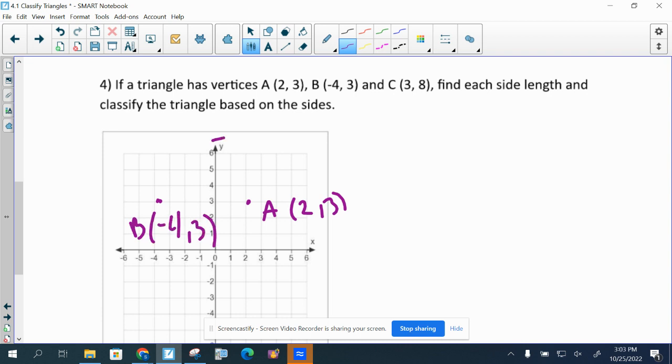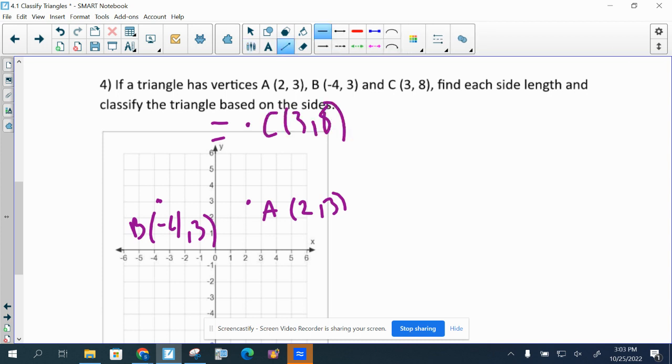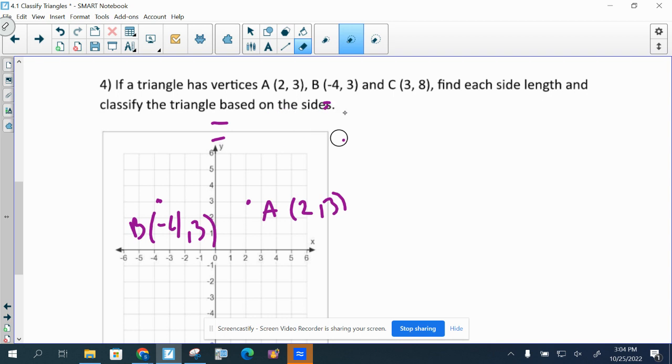So we're just going to make another 2 tick marks there. I definitely drew this on the wrong point. That would be 3, 8. There we go. So connect your dots.